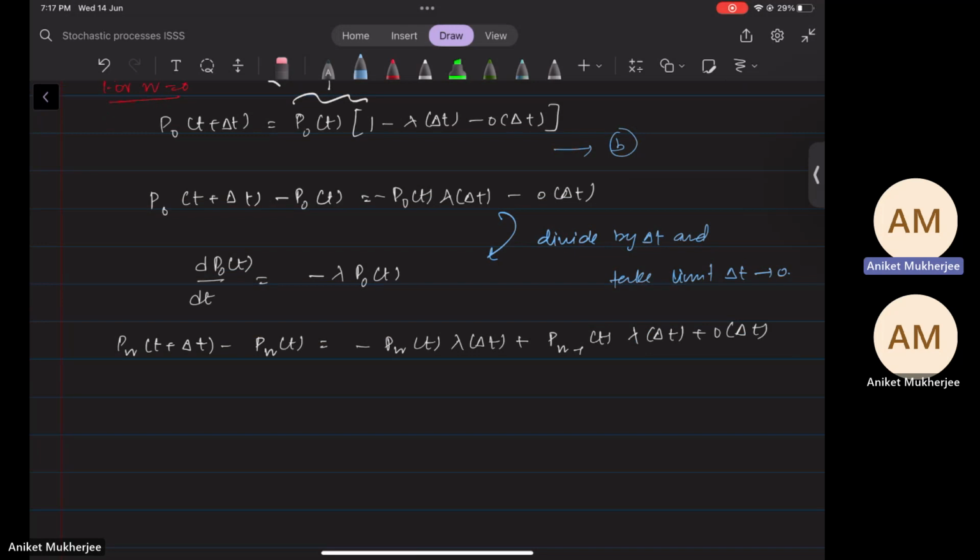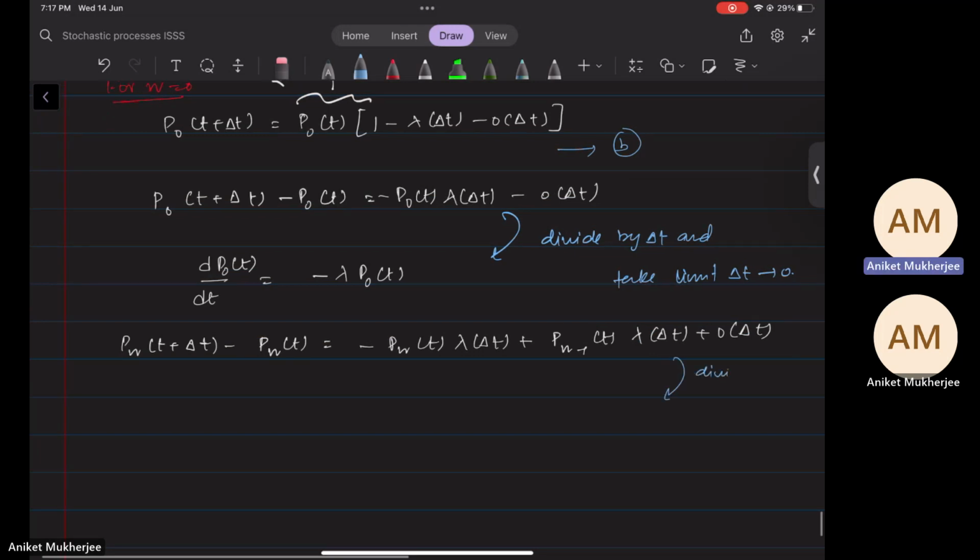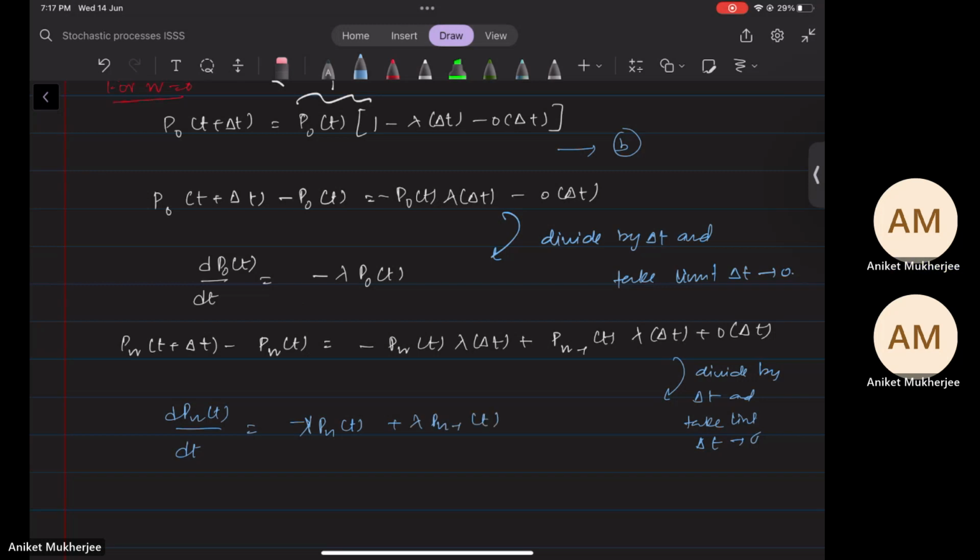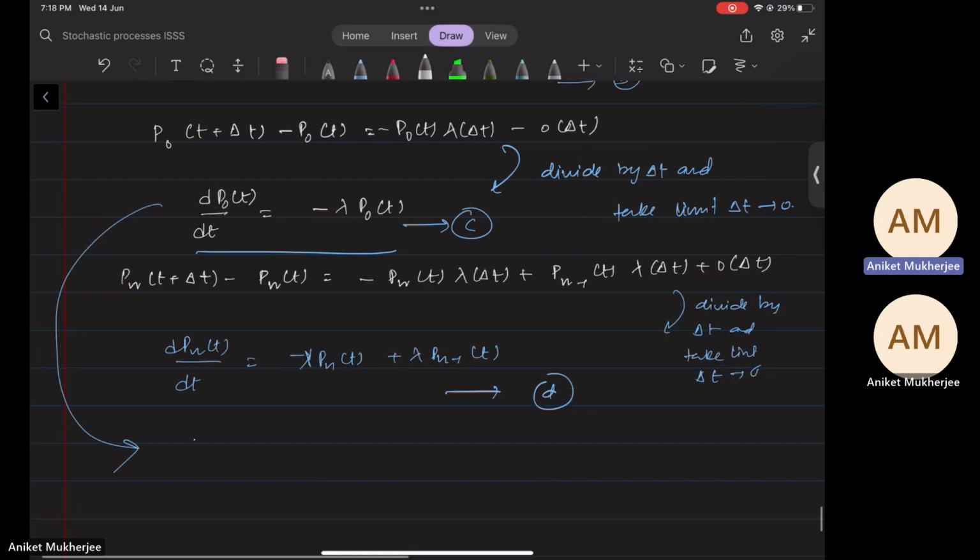Again I divide by delta t and take the limit delta t tends to 0. I get dp n t by dt equal to minus lambda p n t plus lambda p n minus 1 t. I call this C and this D. First I will solve this one, which is pretty easy.